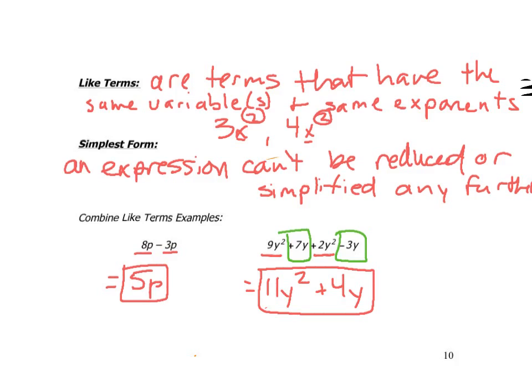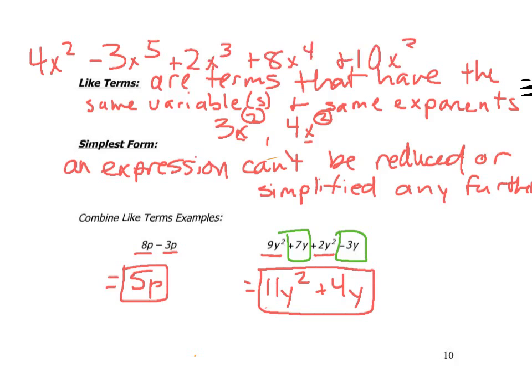Now let's do some other examples. So let's say I have 4x squared minus 3x to the 5th plus 2x cubed plus 8x to the 4th plus 10x cubed. Okay, now here I want to first identify my like terms. Now looking through here, I only can see that 2x cubed and 10x cubed are like terms.